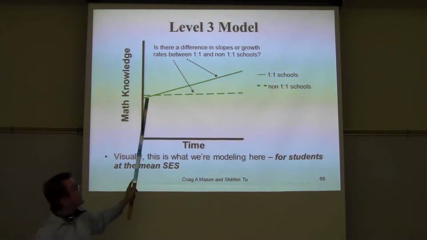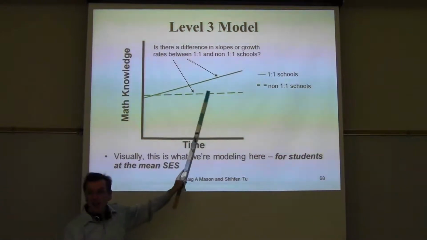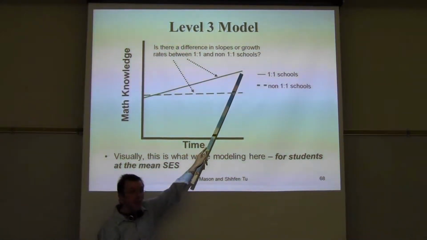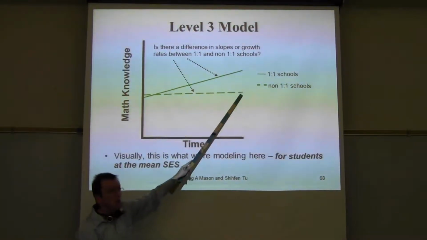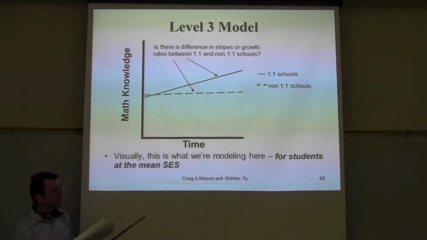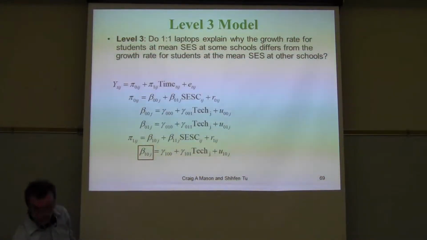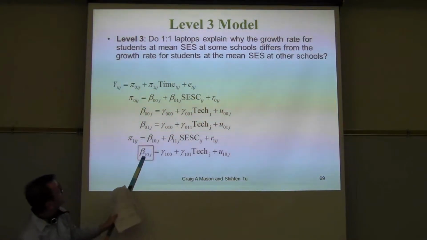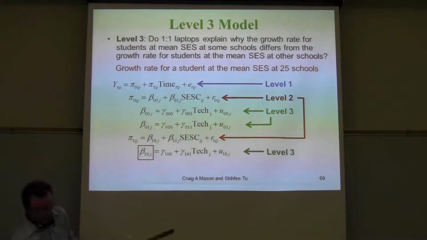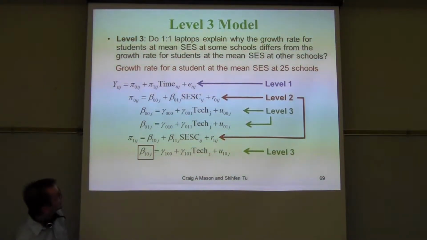These are the slopes for a child at the average SES in a non-laptop school, and the slope for the average SES for a kid in a laptop school. Are those slopes for those average kids different? So we're predicting beta 10J. Again, that's the growth rate for a student at the mean SES in 25 schools.